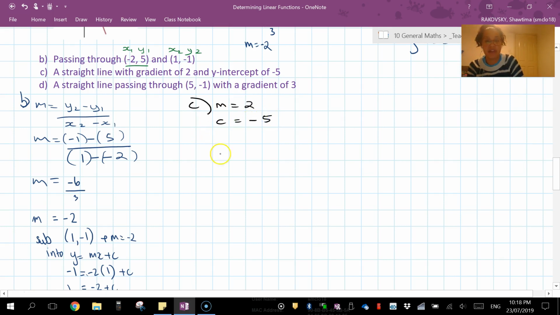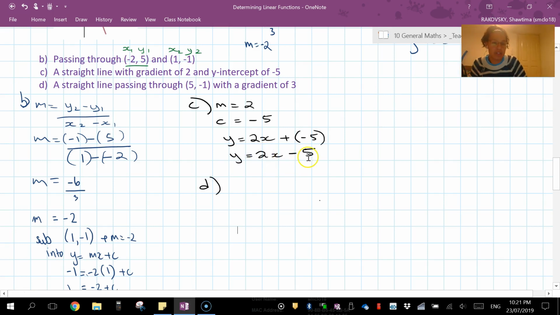If you've been given that, you have a straightforward y equals mx plus c, so that's going to be -5. You see that there is a positive and a negative together. That's simplified, y equals 2x minus 5.